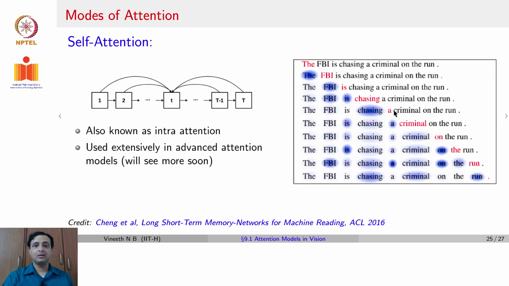A third kind, which is very popular today, is known as self-attention, where the attention is not with respect to an decoder RNN with respect to the encoder or an output RNN with respect to the parts of an image, but is of attention of a part of a sequence with respect to another part of the same sequence. This is known as self-attention or intra-attention, and we'll see this in more detail in a later lecture this week.